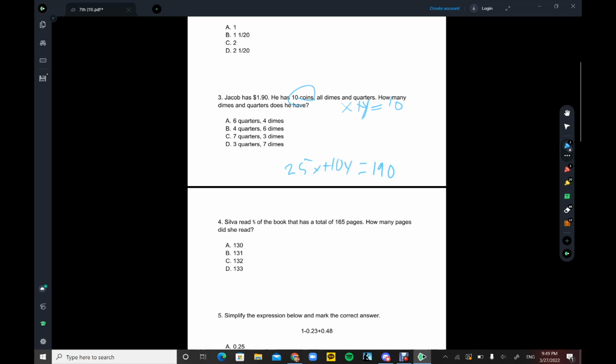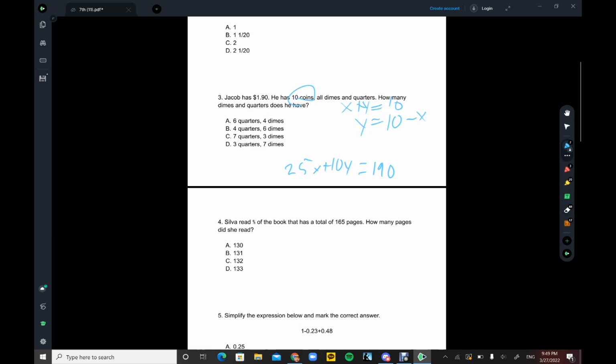I think it would be easier to solve for x because y is multiplied by 10, and rather than multiplying by 25, I think it's easier to multiply by 10. So here we have x is equal to y. Oh wait, no. y is equal to 10 minus x.